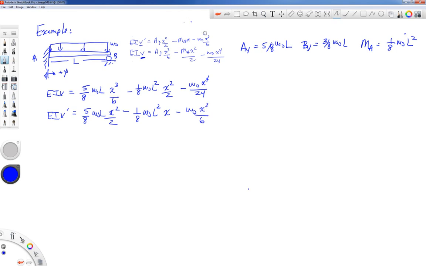I think this 2 here is left over from something else. And so we can do all those things that we've done for other beam problems.